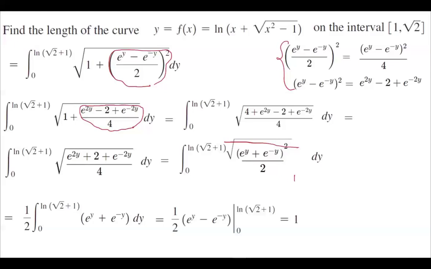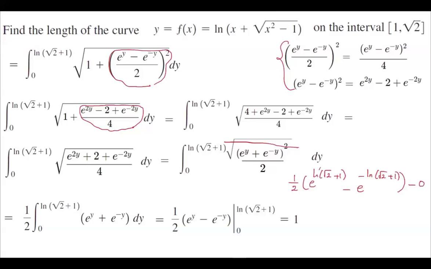So you have a half, and you have e to power ln of (square root of 2 plus 1) minus e to power negative ln of (square root of 2 plus 1), and then you substitute 0 as well, which gives you 0, so minus 0.